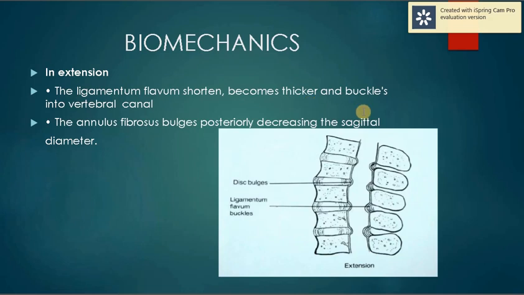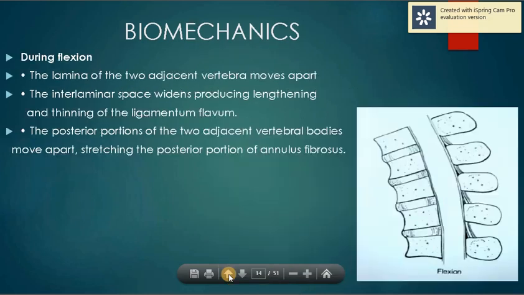narrowing of the spinal canal, whereas in flexion what you have seen is it always moves apart, it widens, it lengthens. So the ligamentum flavum becomes thin and lengthens. Two adjacent vertebrae move apart.